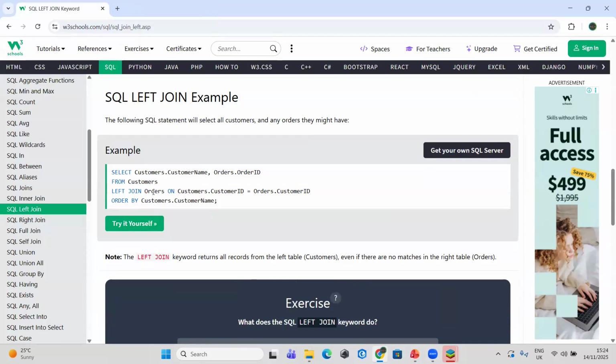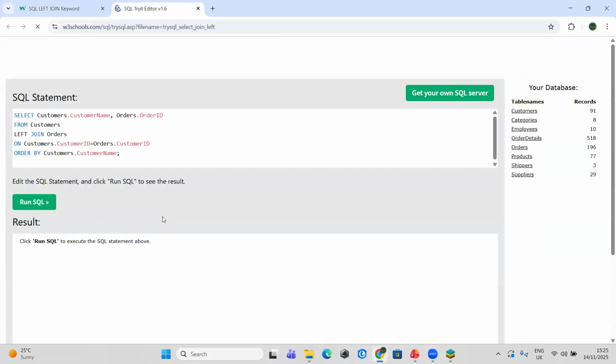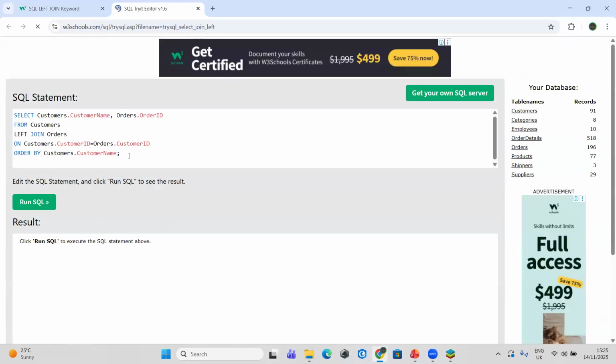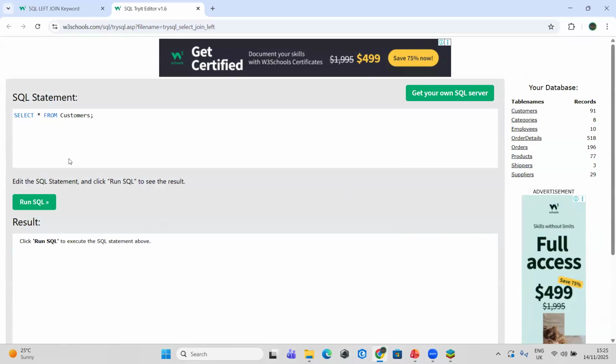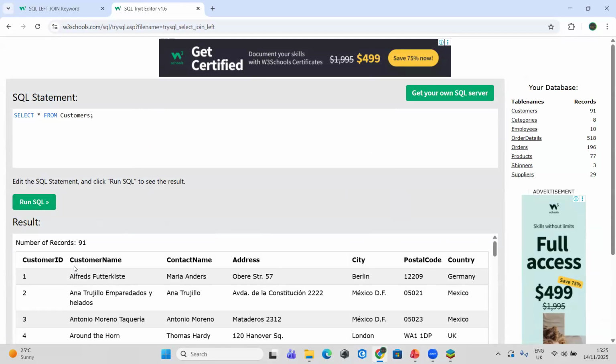But remember, the left join will be performed on which table? Will it be customers or will it be orders? Before we go there, so customers has 1, 2, 3, 4.